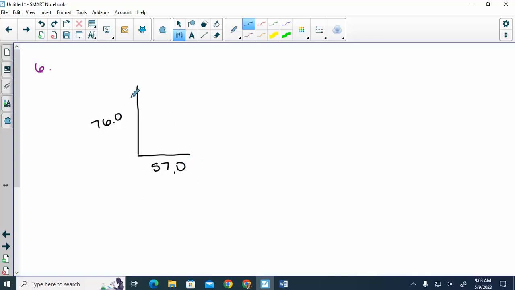We want the angle of elevation of the sun. So the sun will be up here in the sky. Angle of elevation goes from a horizontal up. So I'm looking for this angle right here. So what trig function would we use? Tangent theta equals the opposite over the adjacent.